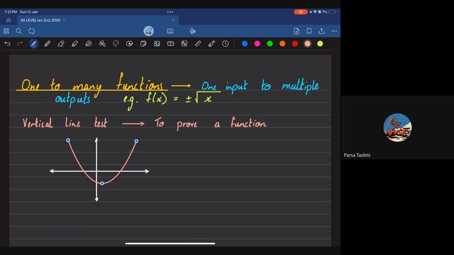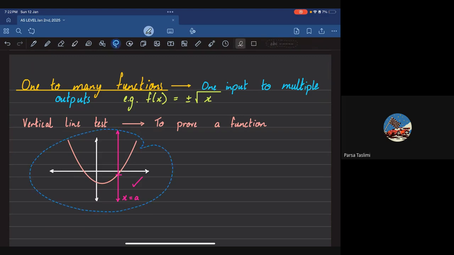What happens with it is that a vertical line test is conducted such that you draw a simple vertical line. It doesn't have to be anywhere specific. You draw a vertical line and if it intersects the graph at more than one point, it is not a function. So this is a function, this is perfectly all right.